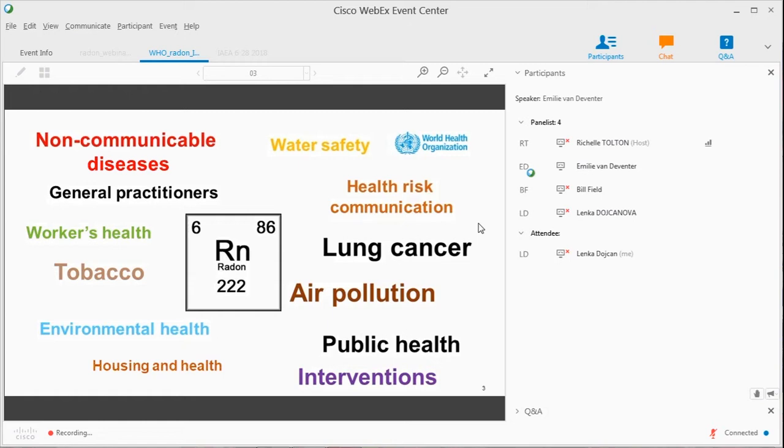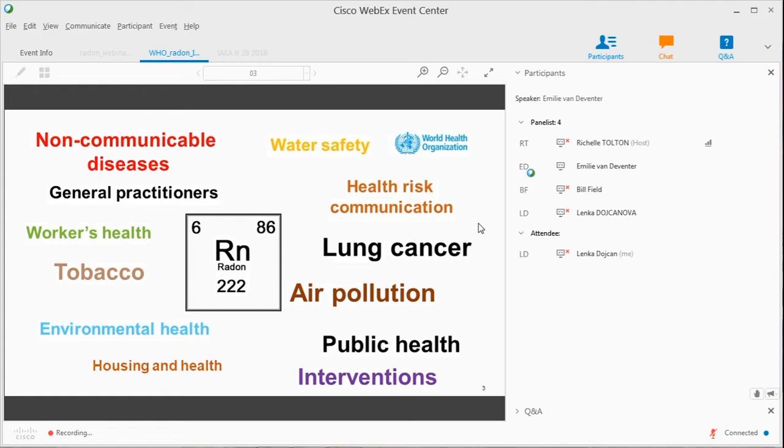This is part and parcel of the organization, and all of these words have some relation to the topic of radon, be it regarding non-communicable diseases such as lung cancer, environmental health issues such as air pollution, workers' health, environmental health, housing, and risk communication. So you can see that the topic of radon is very much related to our core business.